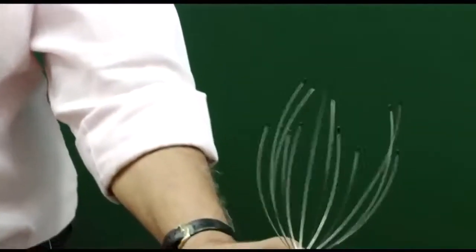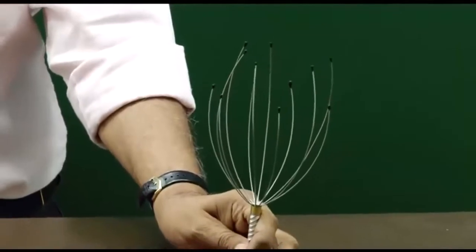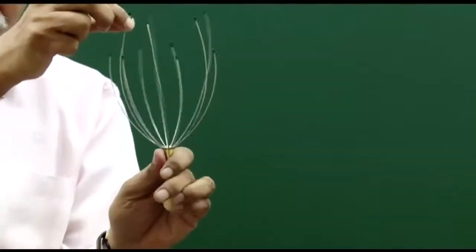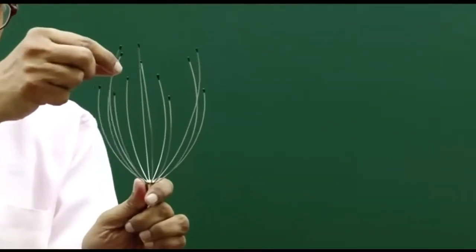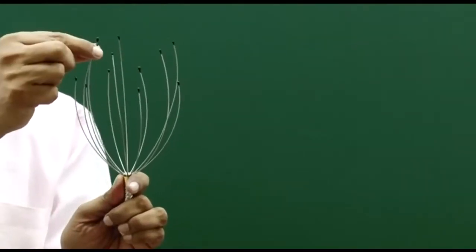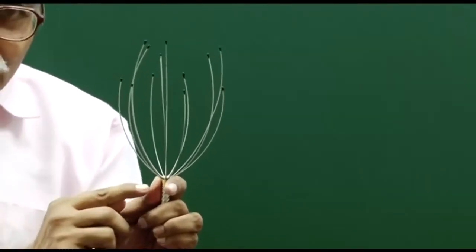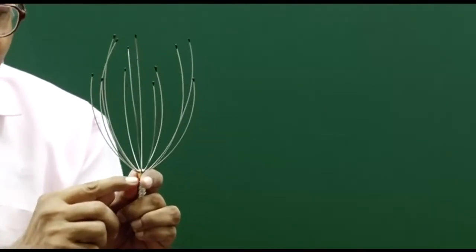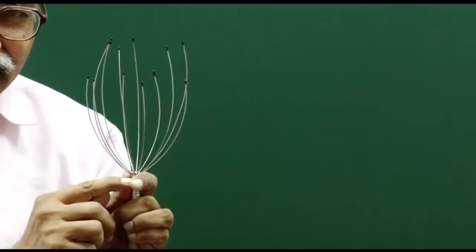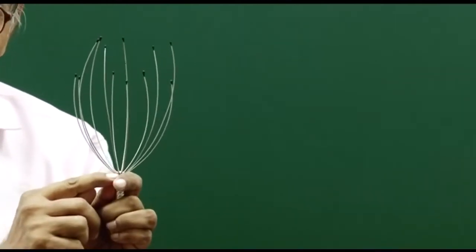If I hold it here and vibrate one of them, they are all joined together here. So, if I vibrate one of them like this, what will happen? The base to which this is attached will also experience some small vibrations or disturbance.